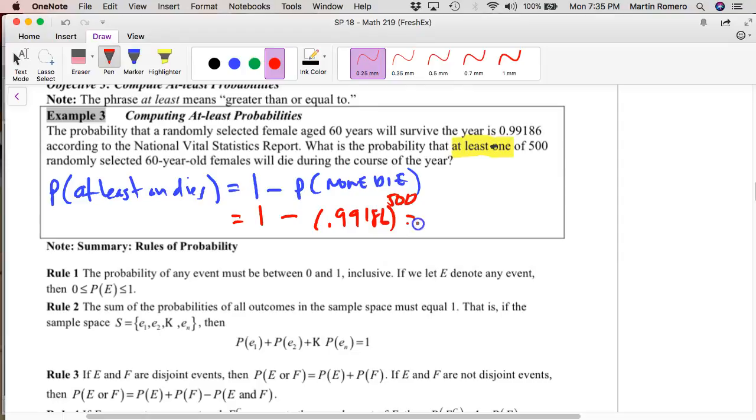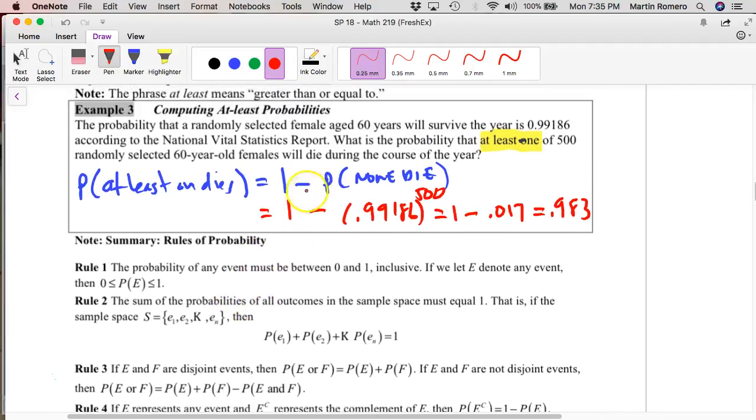So this turns out to be 1 minus 0.017. And when you subtract that, you end up with 0.983. So there's a 98% chance that at least one of those people out of the 500 will die.